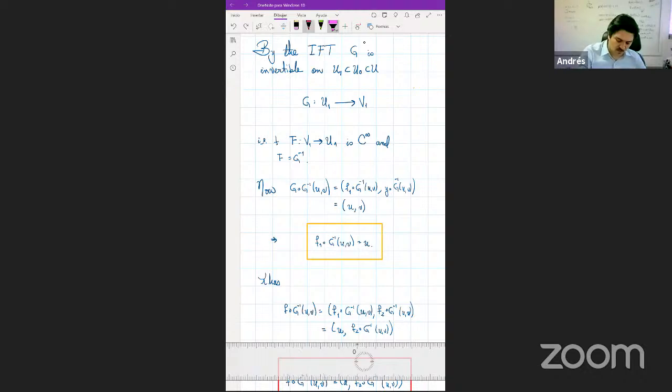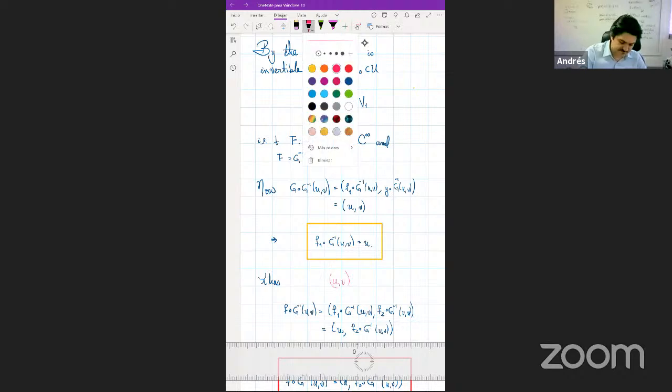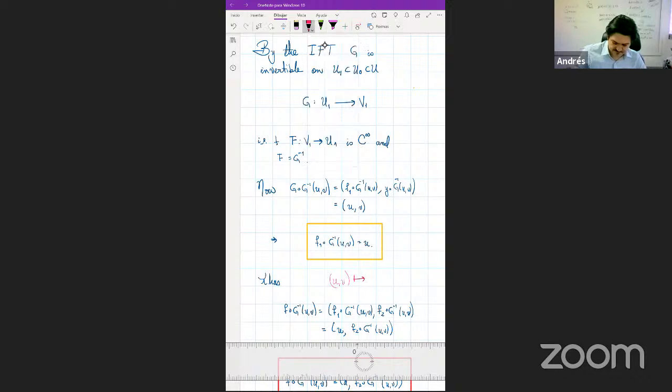Because remember what we are aiming at. I want this to be something like this: u comma v. We are assuming rank 1. So far, I have the u. So I need to change a little bit more to make the second entry 0.